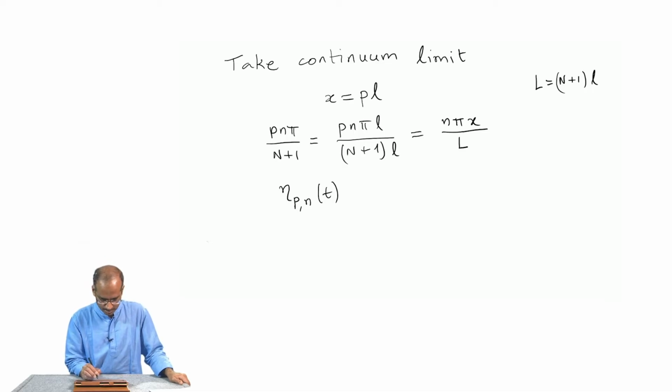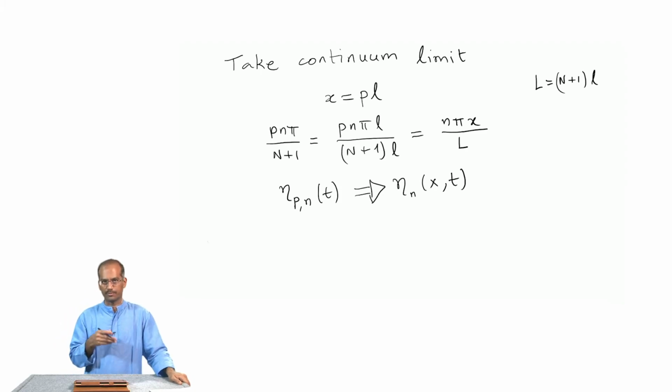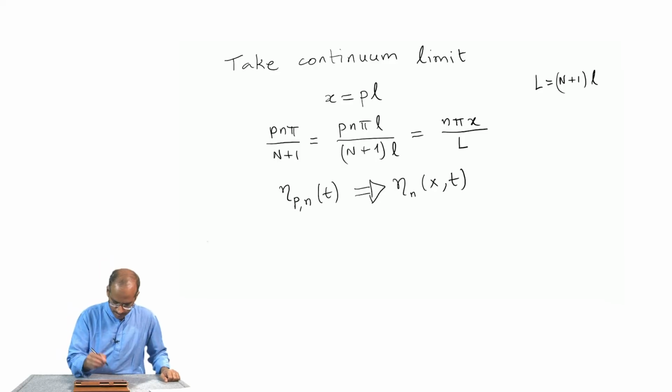So, this we shall redesignate as eta n, nth normal mode, x comma t. Now I have replaced p by x, reflecting the fact that we have gone from the discrete set of points to a continuum. So, now it is straightforward for me to write the result.